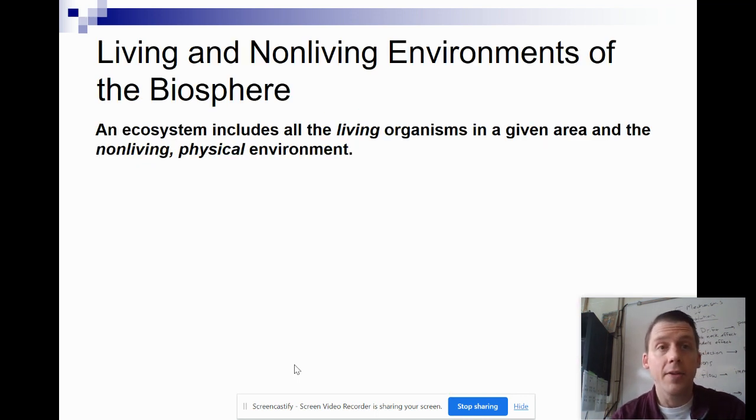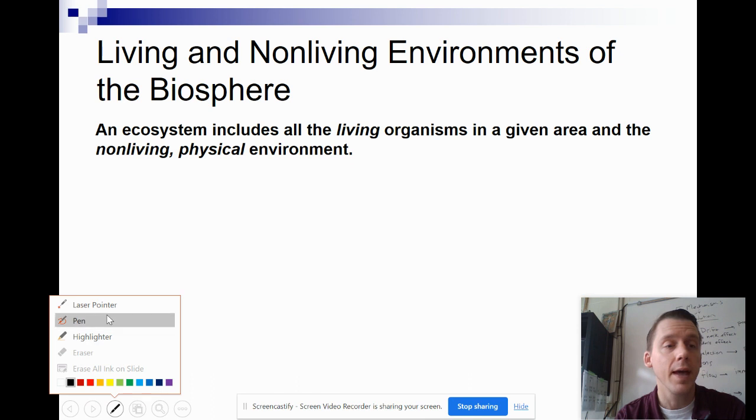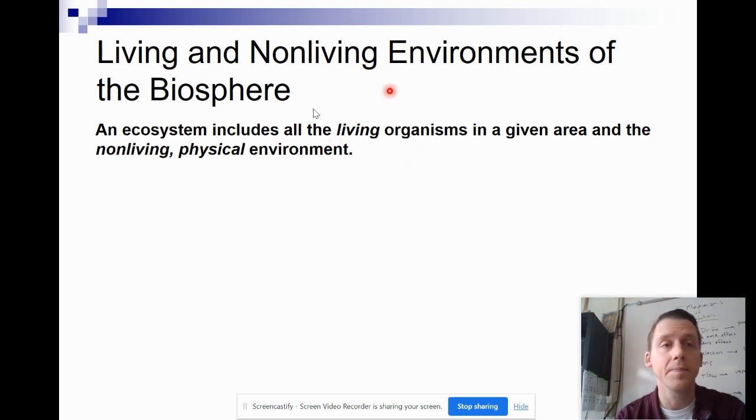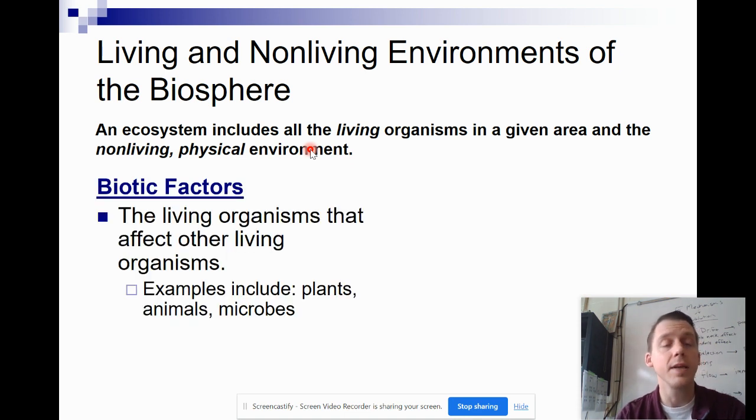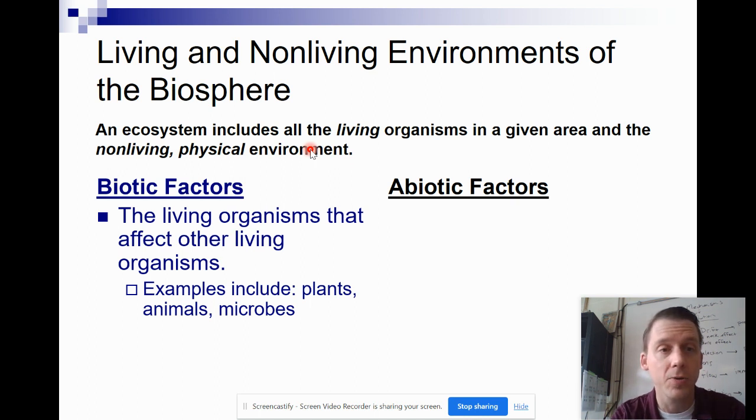When we study ecology, you're often going to hear the word ecosystem. An ecosystem contains the living and non living physical aspects of an environment. We call those living aspects of an environment biotic factors. Biotic factors are the living part.